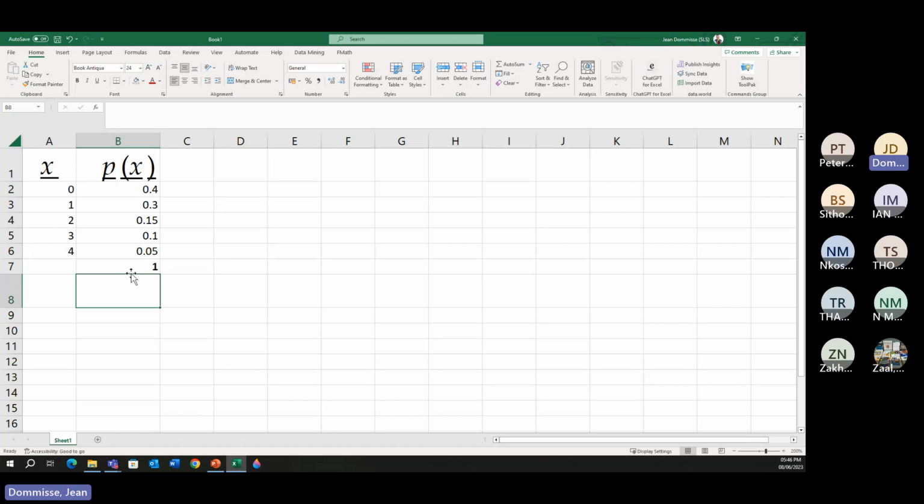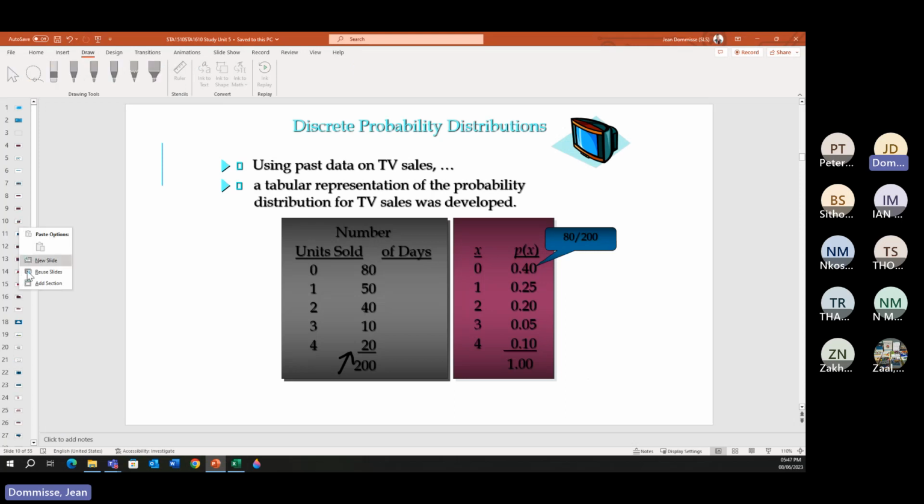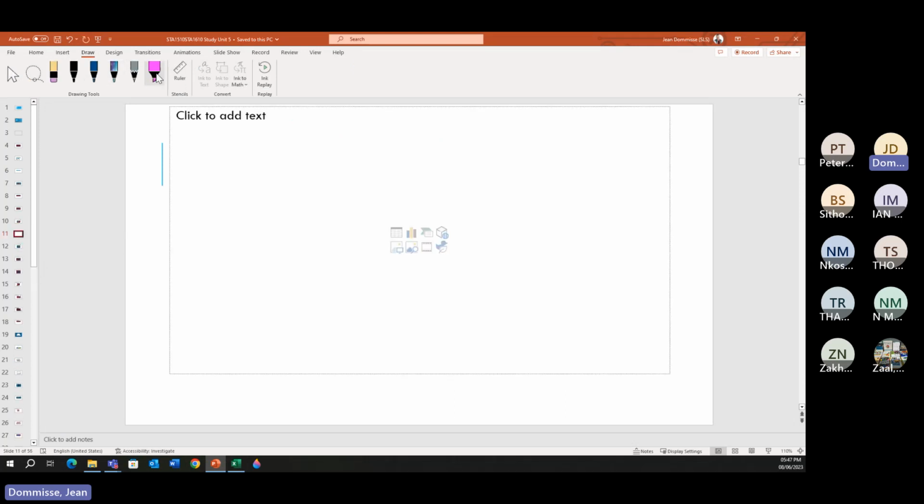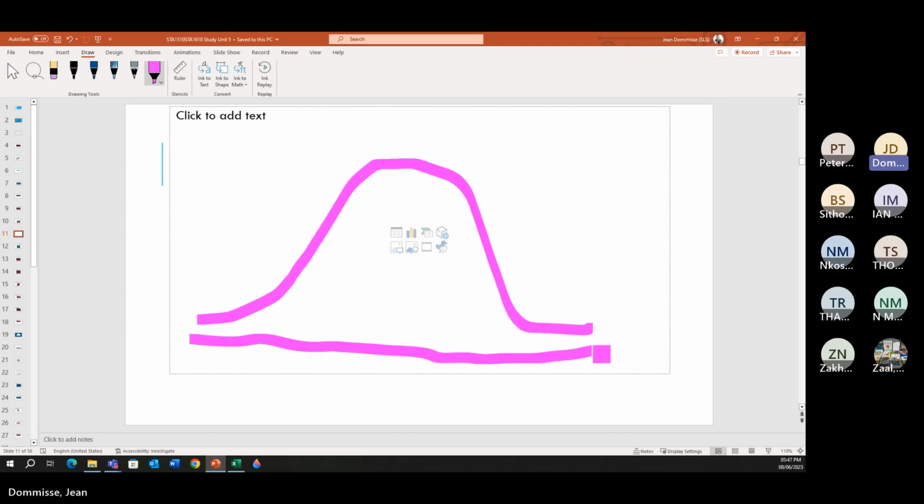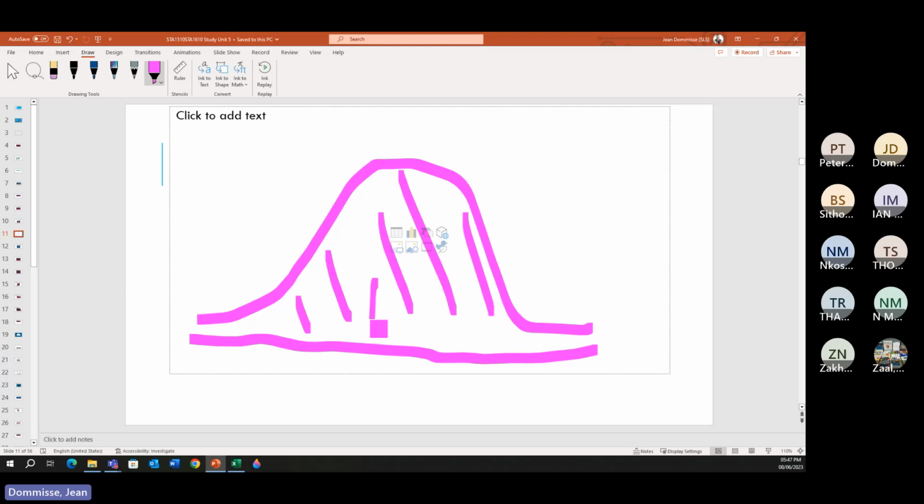Going forward as well, you will see that when you work with a binomial table, it will add to 1. If you look at your Poisson tables, it will add to 1. When we go to your normal distributions, and let me see if I can draw it, everything underneath this graph will also add to 1.